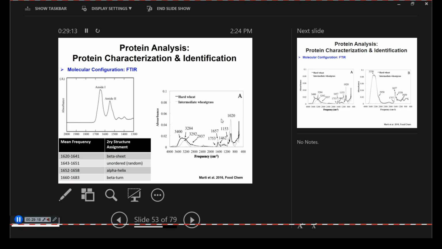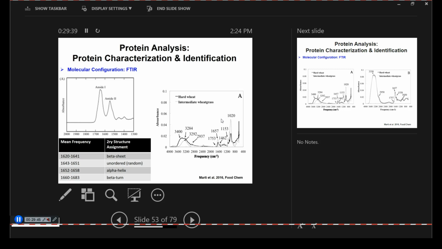So when we run FTIR, we are really concerned with looking at the secondary structure, the ratios of alpha helixes versus beta sheet versus random coil versus beta turn. It is the amide 1 region, where there are multiple regions. It's called amide 1.